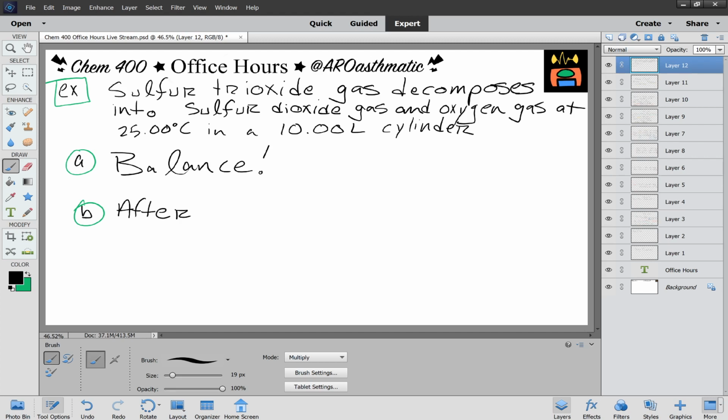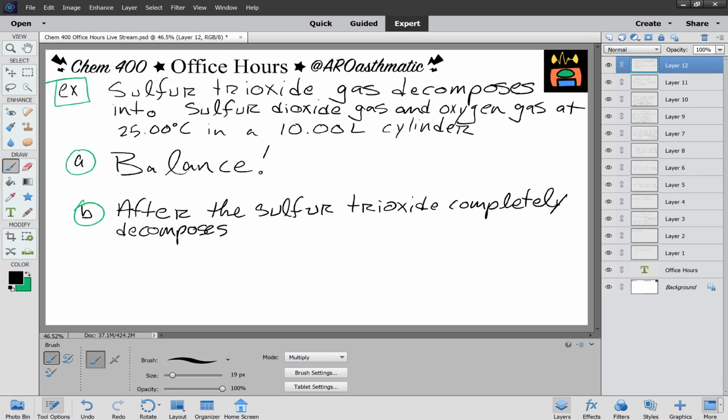After the sulfur trioxide completely decomposes, the pressure inside the cylinder is 0.998 atmospheres.